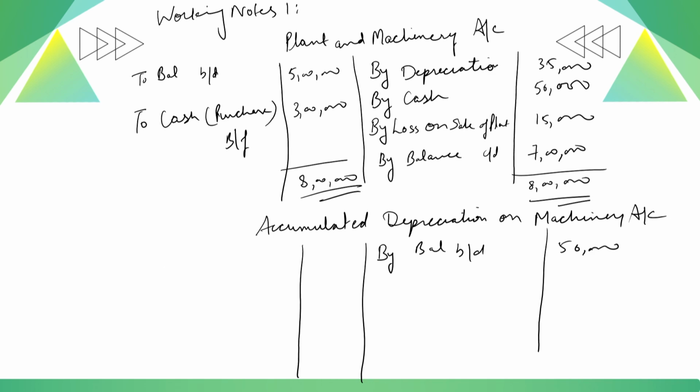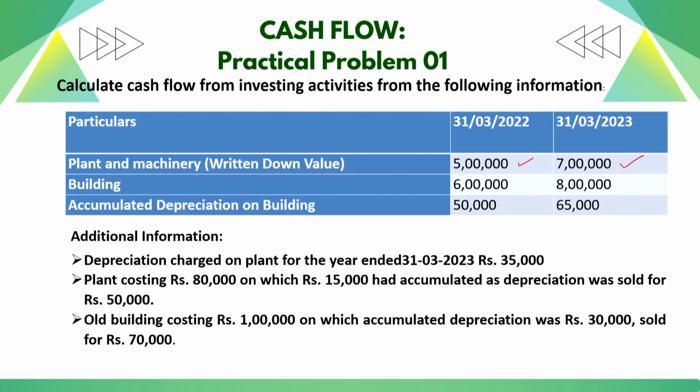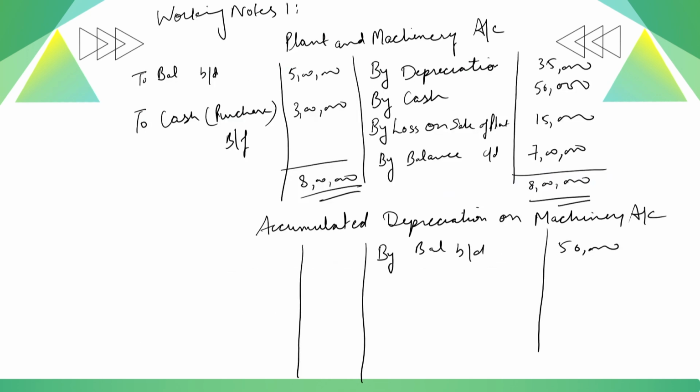And then we are also given an old building of rupees 1 lakh on which accumulated depreciation was rupees 30,000. So we will show this depreciation on the debit side of the accumulated depreciation account, to building, 30,000.